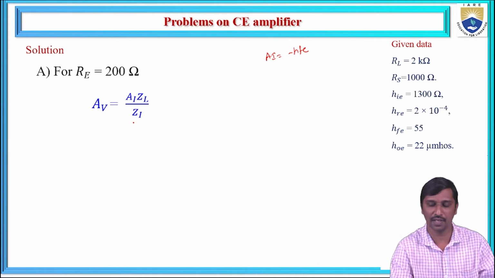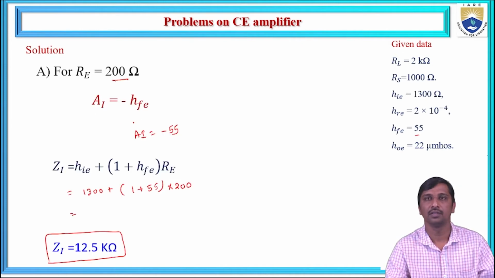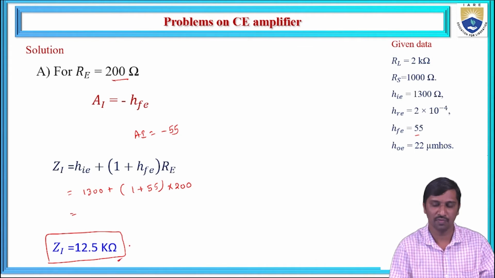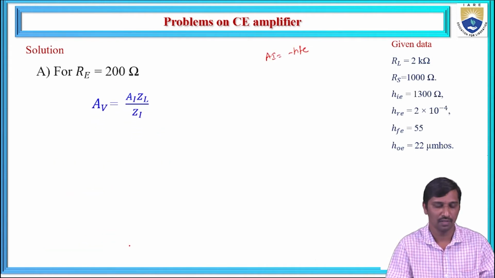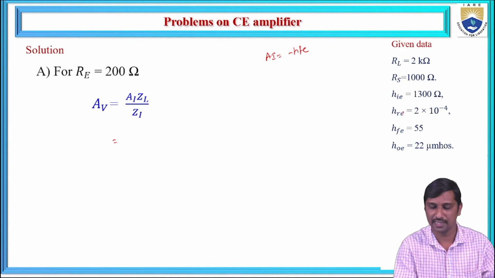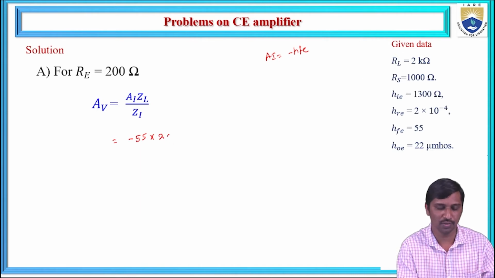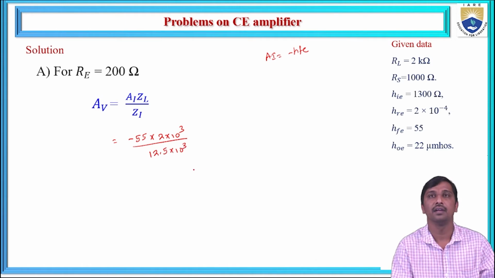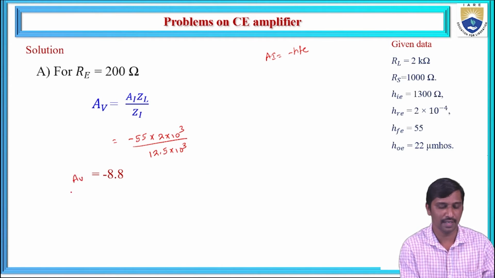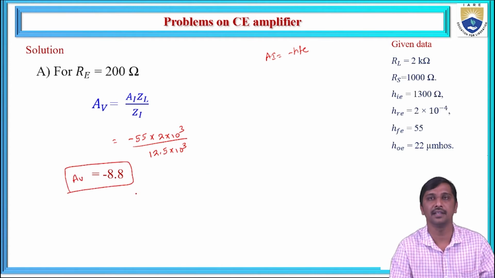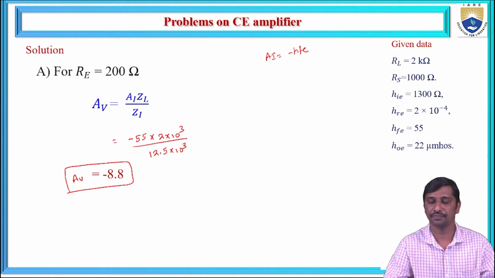So AI is minus 55, ZL or RL is 2 kilo ohms, 2 into 10 power 3, divided by Zi, 12.5 kilo ohms. If you solve this, it gives that the voltage gain AV is equal to minus 8.8.